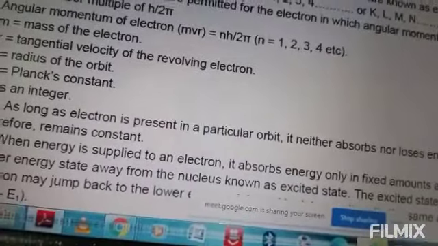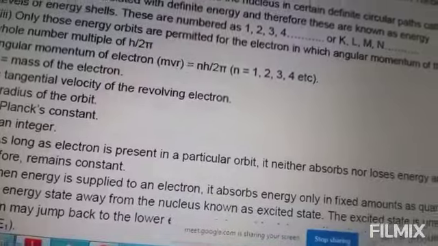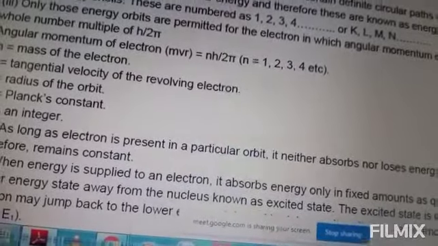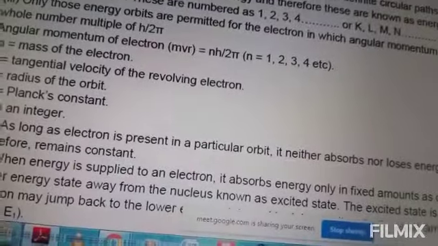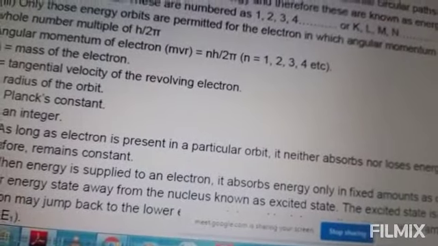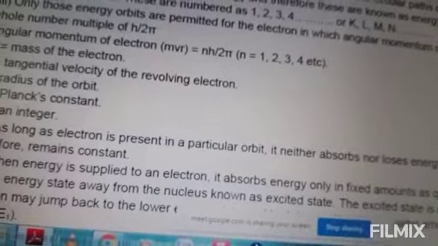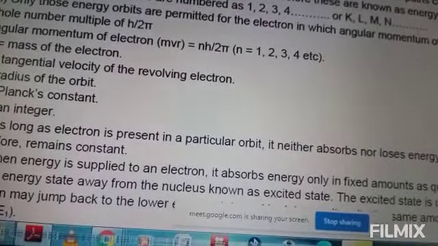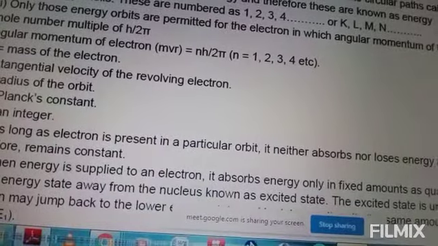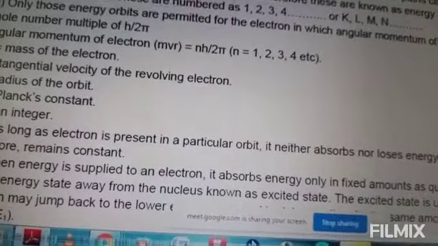And in the last point, it is possible to calculate the velocities of electrons moving in this orbit. So you can find out the velocity. Although the precise formula is not given here, quantitatively the magnitude of velocity of the electron increases with increase in the positive charge on the nucleus and decreases with the increase of principal quantum number.